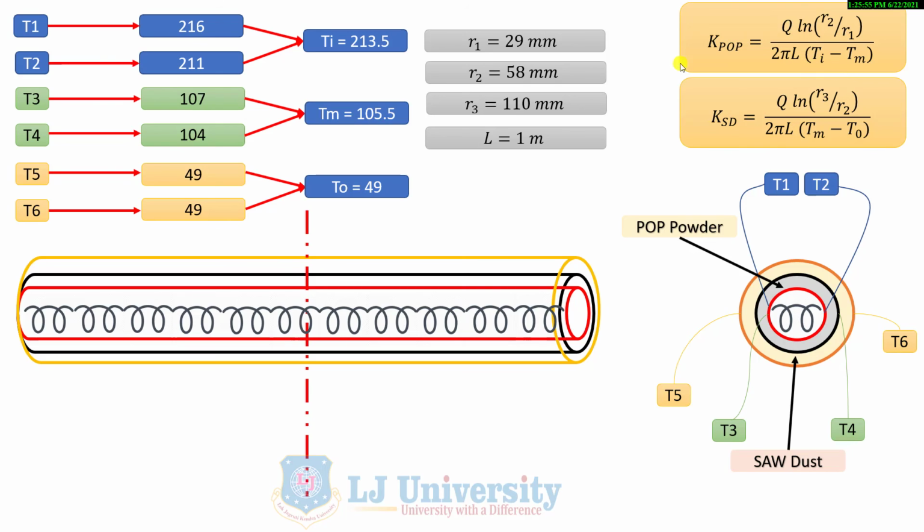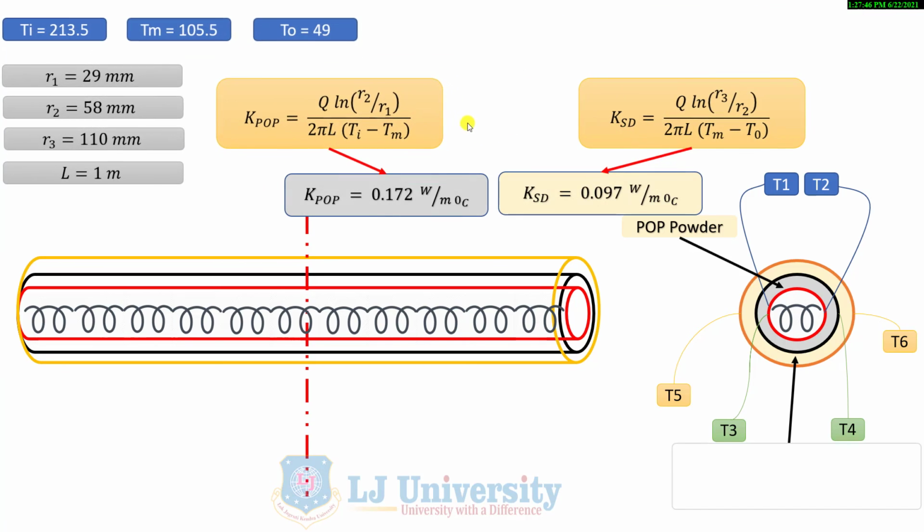The values of Ti and Tm can be taken from this: Ti as 213.5, Tm as 105.5 and To as 49. Using these values, we can easily find the conductivity of POP and sawdust. Putting the values in this equation, we get the conductivity of POP as 0.172 watt per meter degree Celsius and the conductivity of sawdust as 0.097 watt per meter degree Celsius.